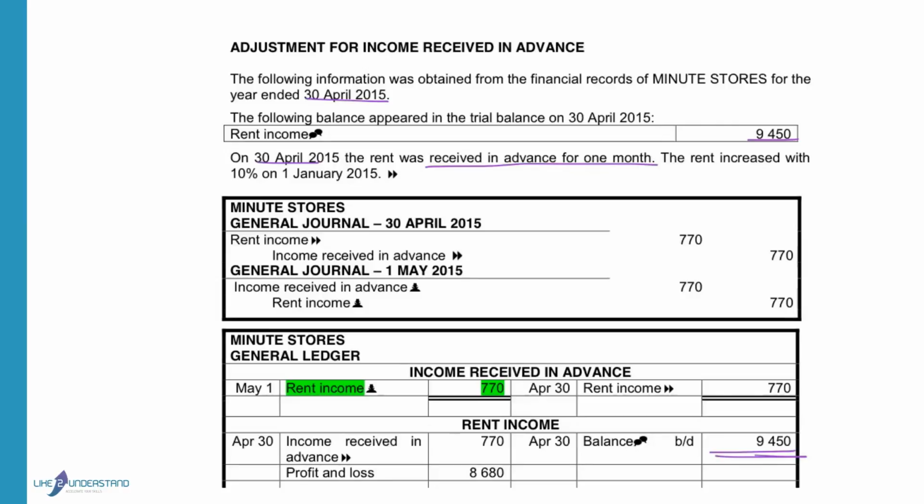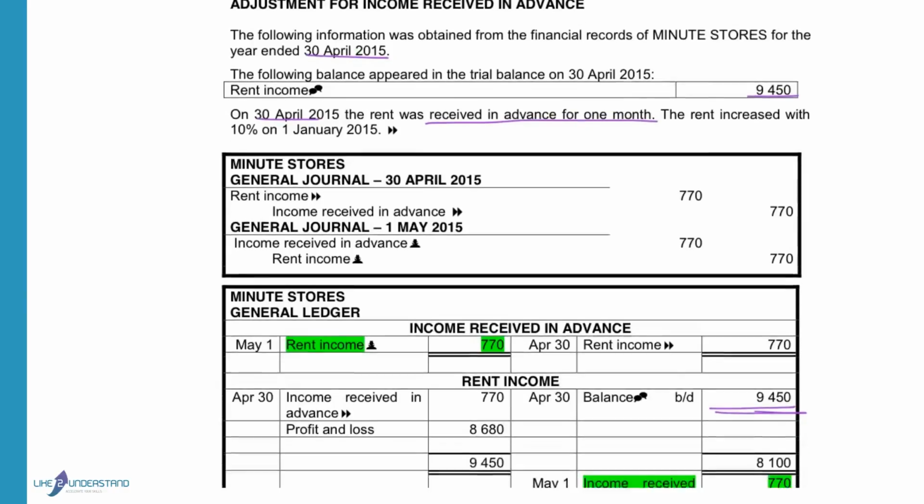So we have to remove it from the rent income account so that we can determine what is the actual amount for the current year. And we must create a liability because we already received money that we were only supposed to get in the next financial year. The rent increased on the 1st of January with 10%.